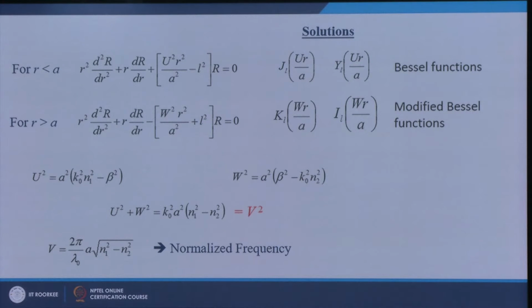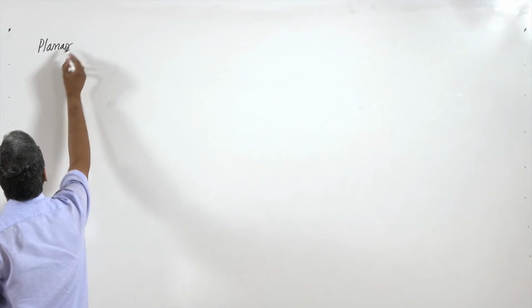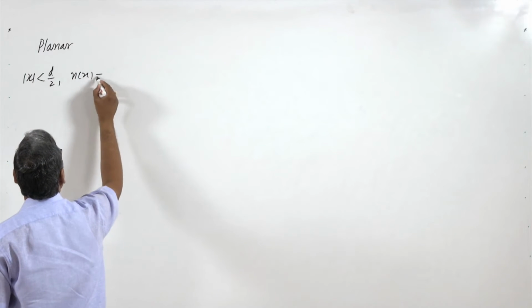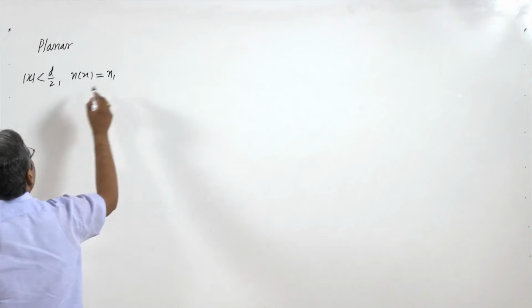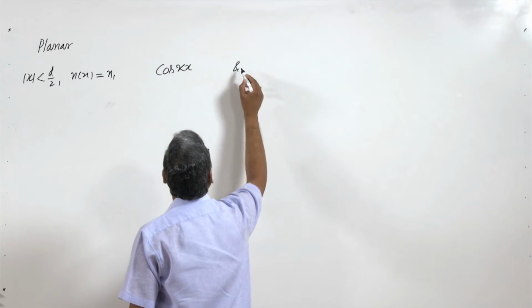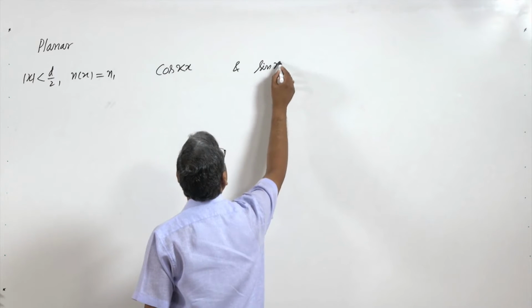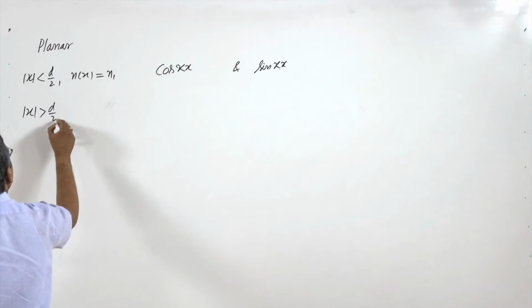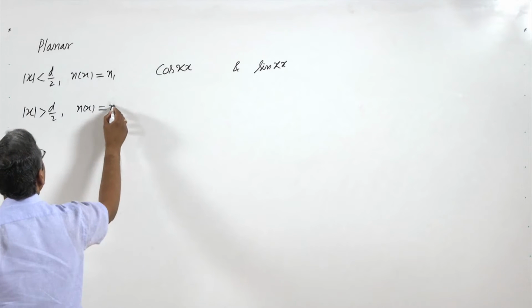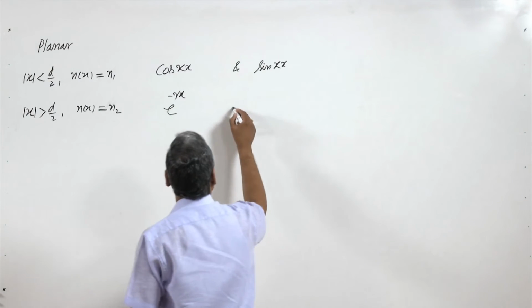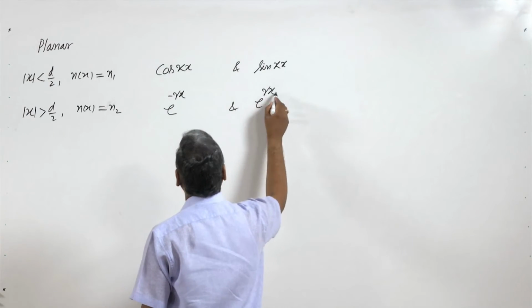As we were discussing, in case of planar waveguide, for mod x less than d by 2 where nx was equal to n1, I had the solutions cosine kappa x and sine kappa x, while in the region mod x greater than d by 2 where nx is equal to n2, I had solutions e to the power minus gamma x and e to the power gamma x.